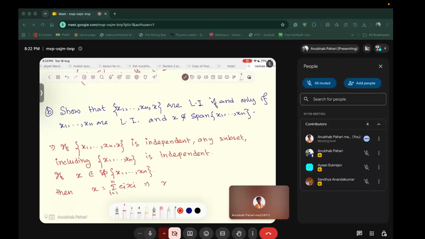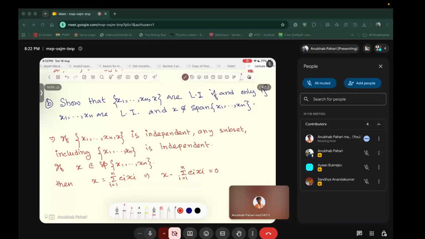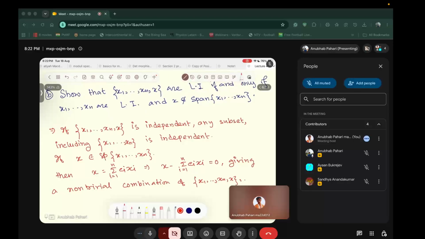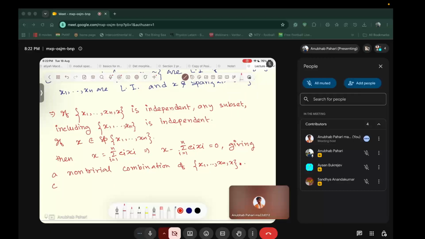So this would imply x minus summation ci xi, i from 1 to n, would be 0, giving a non-trivial combination of x1 up to xn and x, right? Which is a contradiction, since you have taken x1 up to xn and x as linearly independent. So x does not belong to span of x1 up to xn, right?